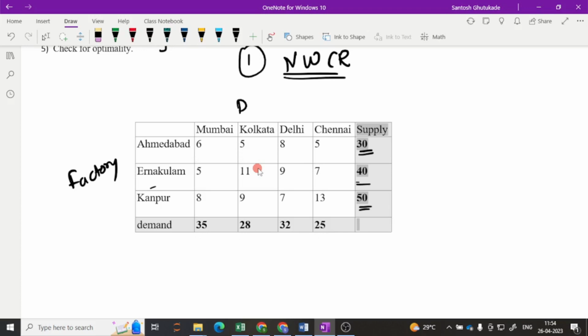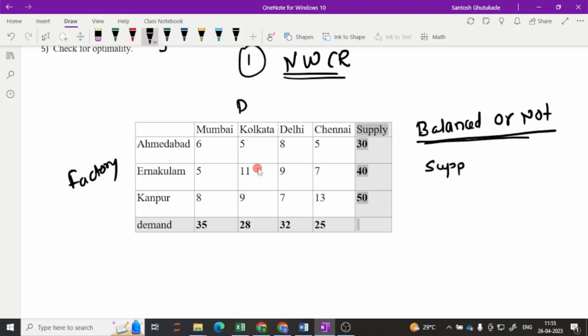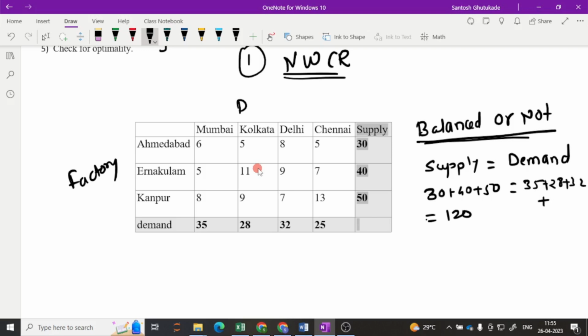Once we have understood the problem, the first step is to check whether the problem is balanced or not. What is meant by balanced? We have to check whether supply is equal to demand. In this case, the supply is 30 plus 40 plus 50, which is 120, and the demand is 35 plus 28 plus 32 plus 25, which is also 120.